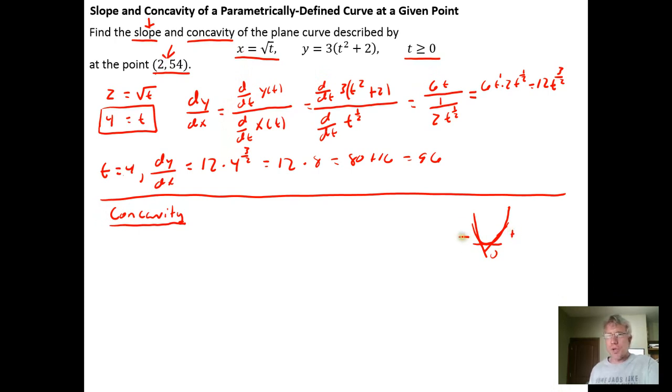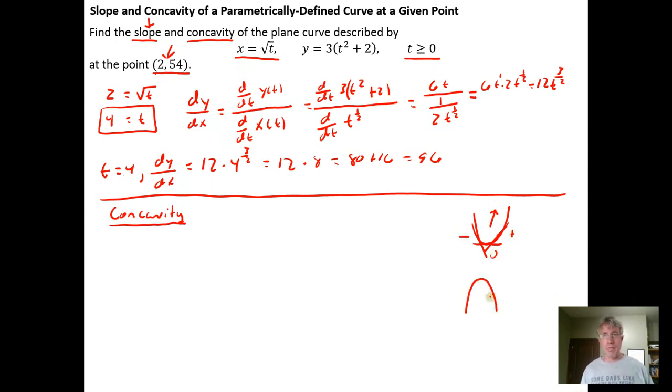So to go from negative to 0 to positive, the second derivative needs to be positive, because the second derivative is the rate of change of the tangent lines, or the first derivative. So the rate of change of the tangent lines needs to be positive to get the tangent line slopes to go from negative to 0 to positive.